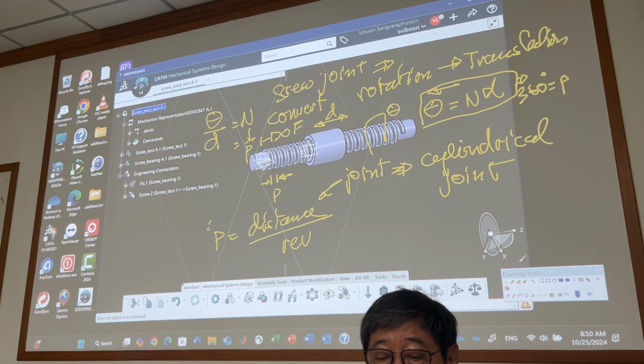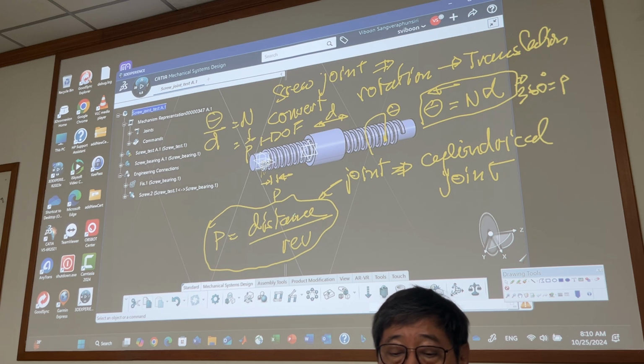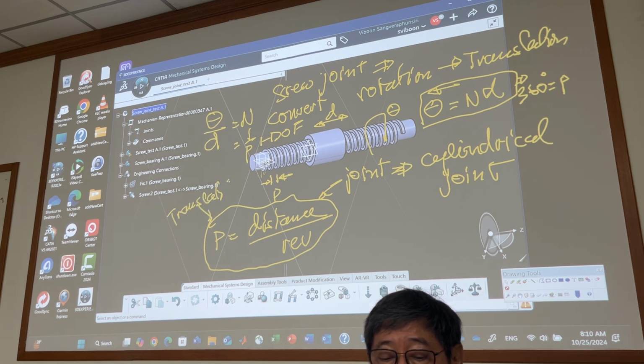This one is a relationship that we use to convert translation to rotation or rotation to translation. Okay. This is a translation.